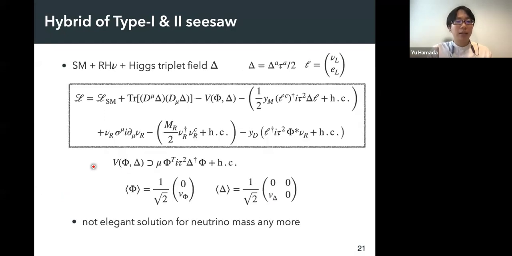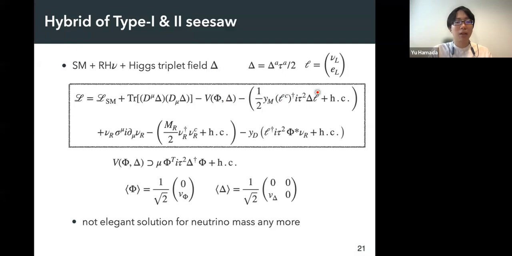And then for the next, let's consider a more complicated setup, which is a hybrid model of the type 1 and type 2 seesaw models. In this model, we have the standard model fields, the right-handed neutrino, and a Higgs triplet field delta. The Lagrangian is a little bit complicated. Here, this is the kinetic term for the Higgs triplet and some scalar potential.